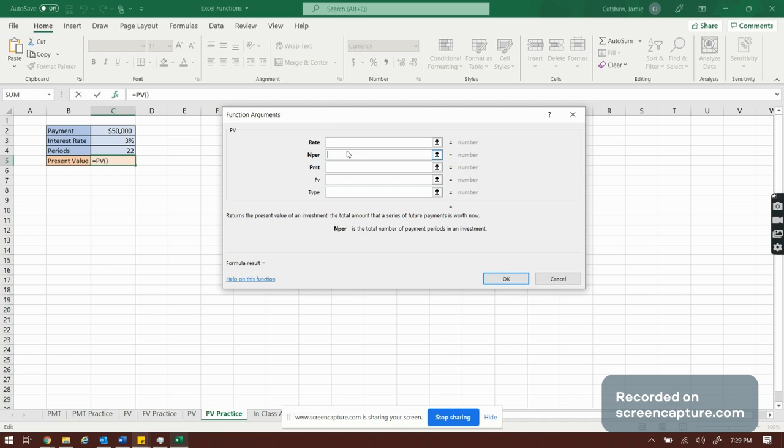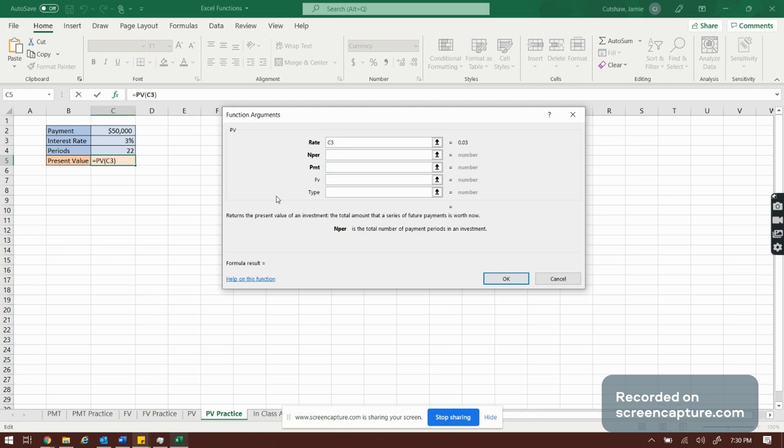And we have our rate, MPR, PV, and some other ones we're not going to be using for right now. However, in some future lessons, we're going to add a little bit more complexity to these. Now here we have, first off, our rate. Just like before, our interest rate here is just 3%. We're not adding any extra doodads or yearly or monthly or anything. It's just our interest rate is 3%.